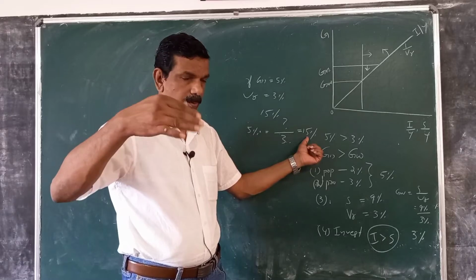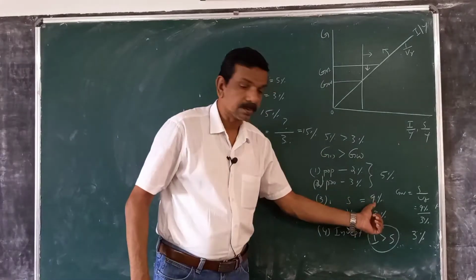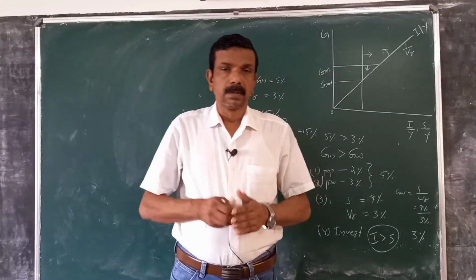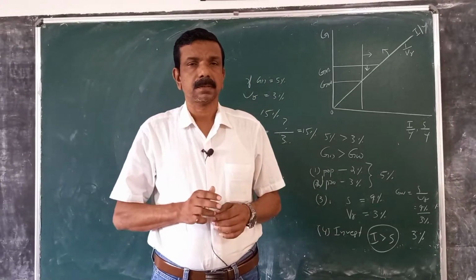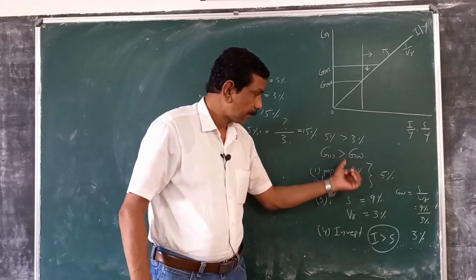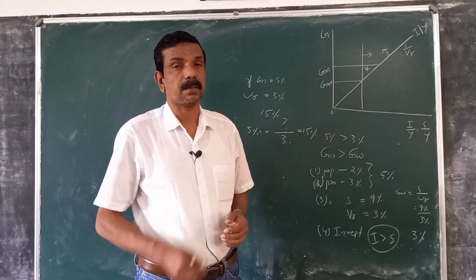Saving is equal to investment in the long run, but actual saving is only 9%. So this explains the simultaneous existence of unemployment and inflation in the less developed economies.